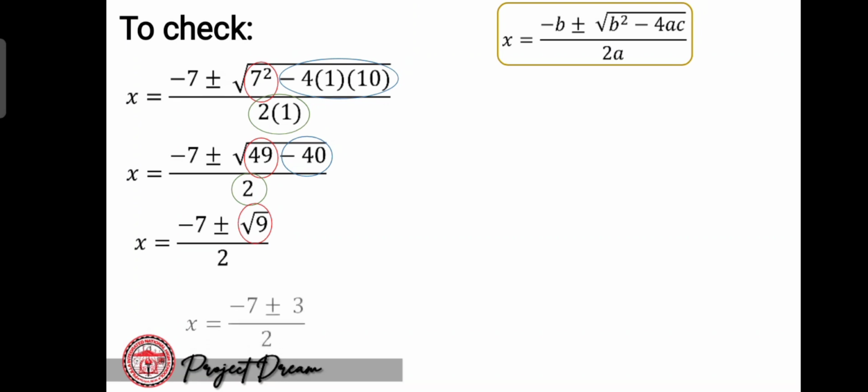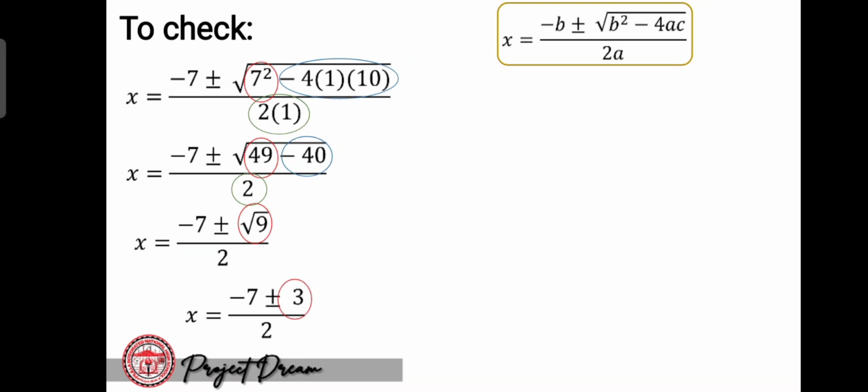Next, it becomes x is equal to negative 7, either positive or negative 3. Since 9 is a perfect square, when you get the square root of 9, it becomes 3.